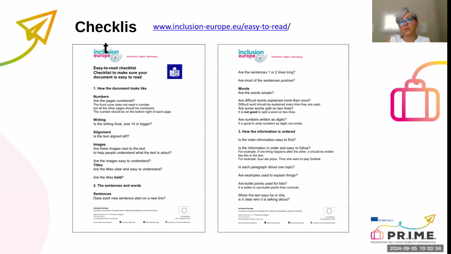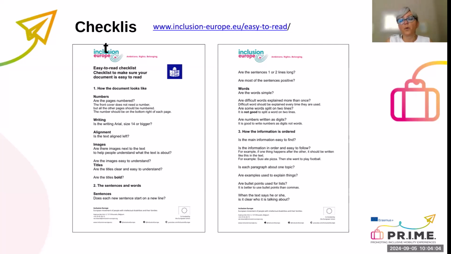But the most important thing is, just as it has been said, to check it with a representative of your target group, with a person with intellectual disability. What I also recommend, especially when you start preparing text in easy to read, is to work in a team. This is how we started, how, for example, Monica, I, and other people from our organization started preparing texts easy to read.